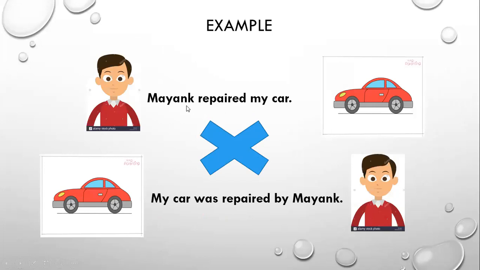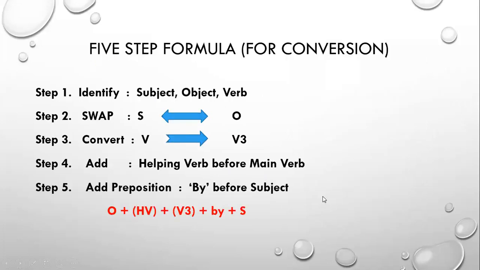See here, now Mayank has become object and my car has become subject. My car was object in active voice, but in passive voice we just swap the position and it comes at the place of the subject. And if I swap the position of the subject, it goes at the end and it becomes object now.